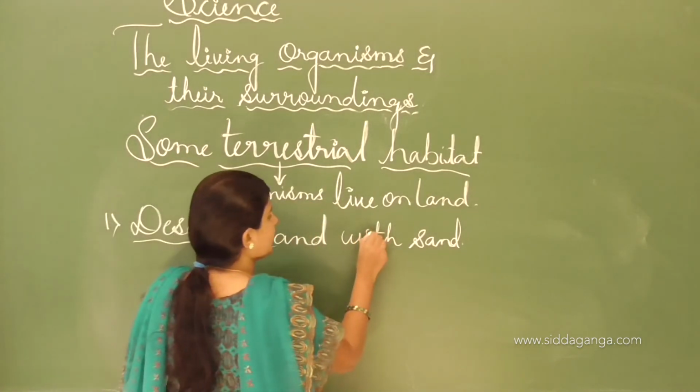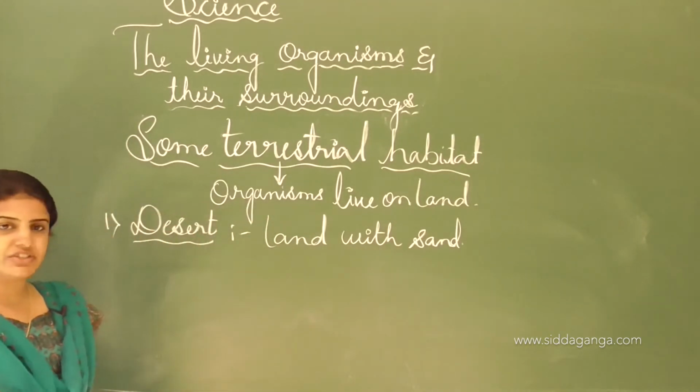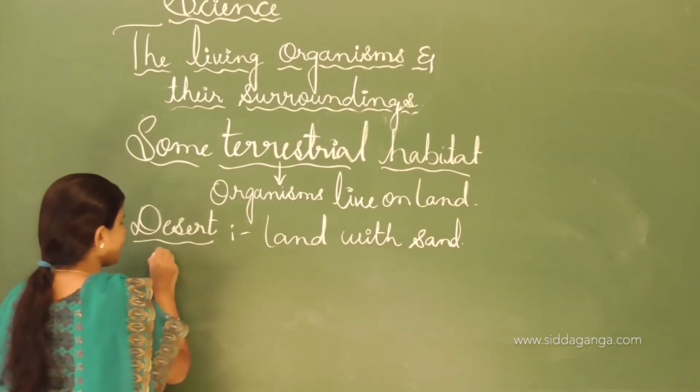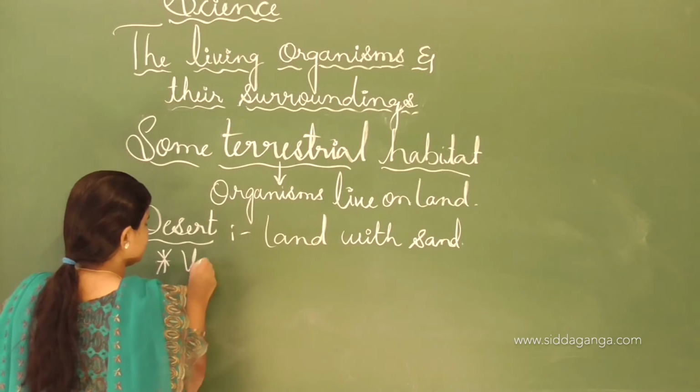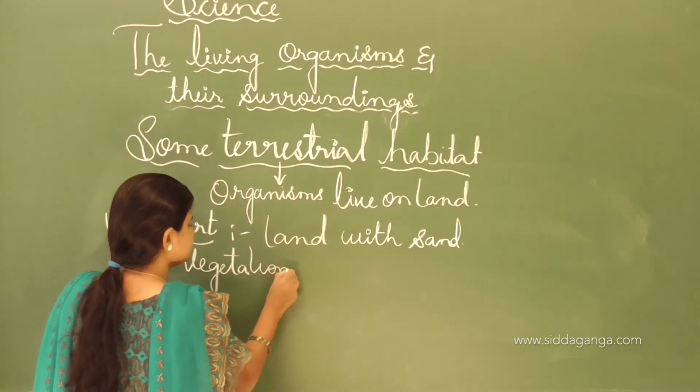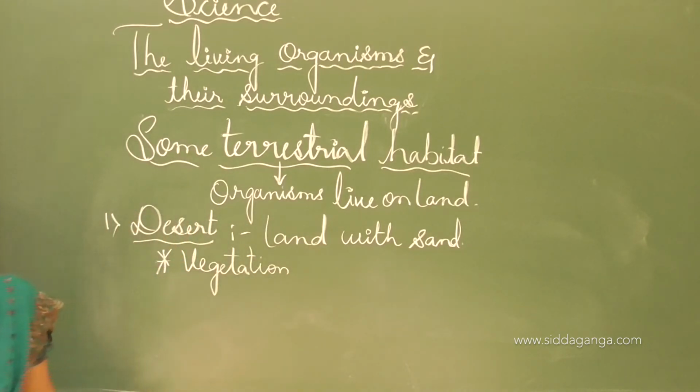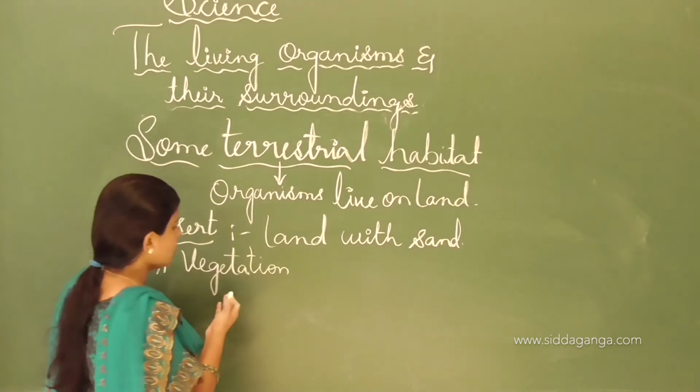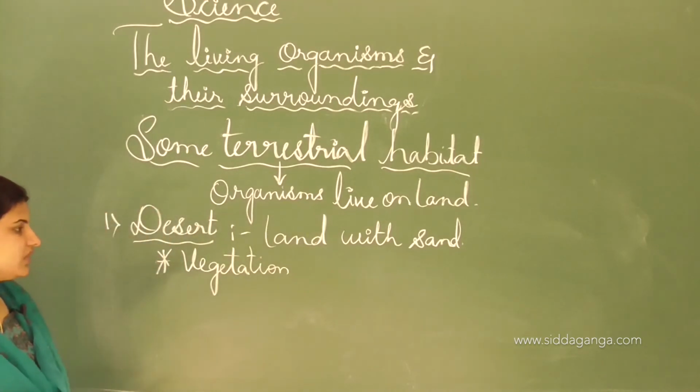region, and having less vegetation. Vegetation means nothing but the plants. There is little vegetation, or sometimes there is no vegetation, or little vegetation will be present.